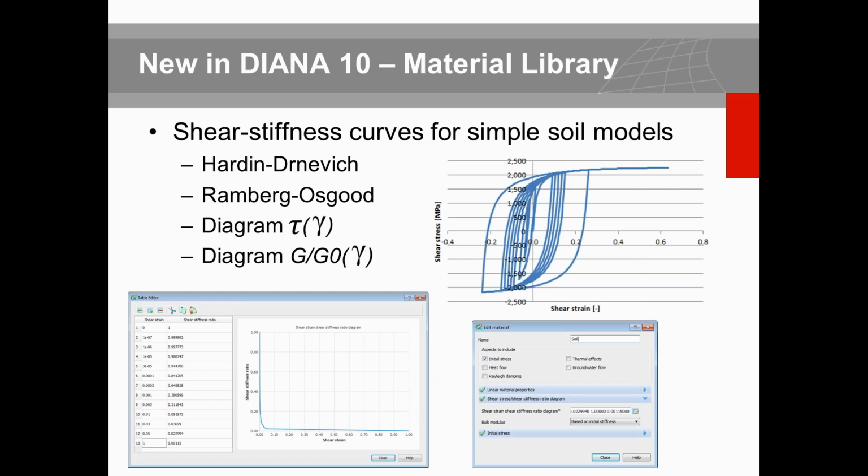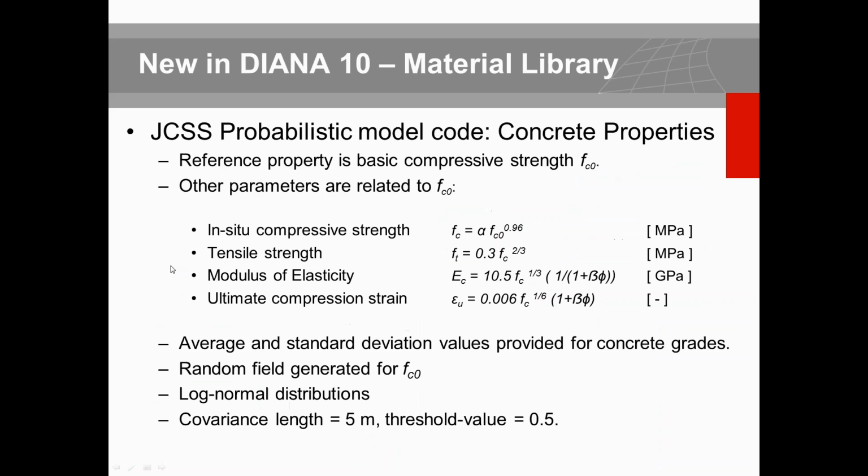You can define that curve in the program, and then DIANA automatically considers that as your reference material model, or the ratio of your shear modulus with respect to shear strain. And you can subject your model to some sort of cyclic load. It's a very simple input, but a very efficient and effective implementation and material model that you can combine and assign to your soil structure type of analysis.